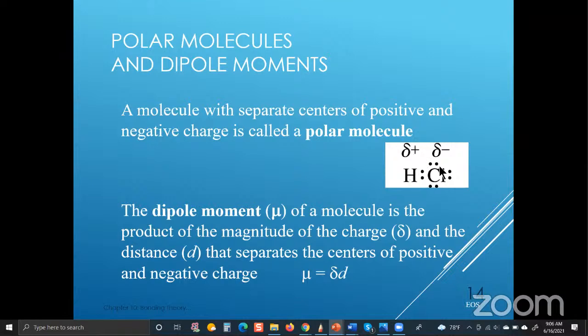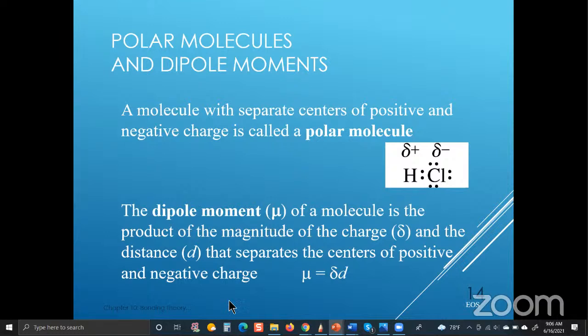All right, so we have a clear separation of charge within the bond, and therefore the bond is said to be polar. And we can actually measure the polarity of bonds. There's a formula you can use to calculate it: mu, the dipole moment.